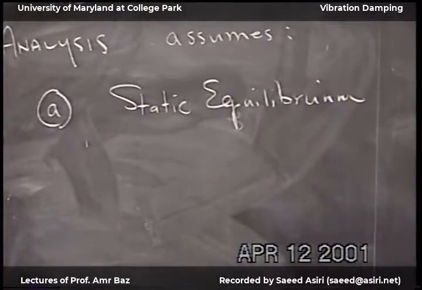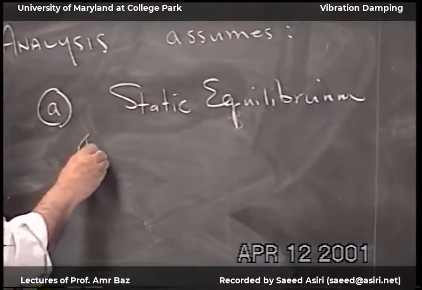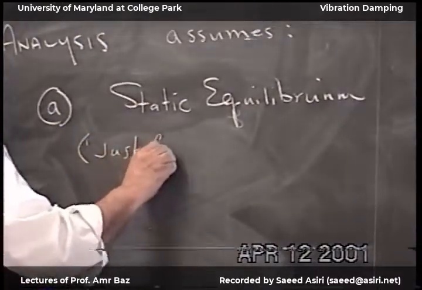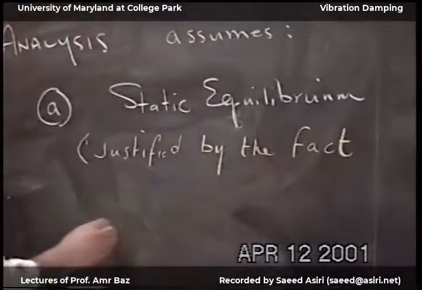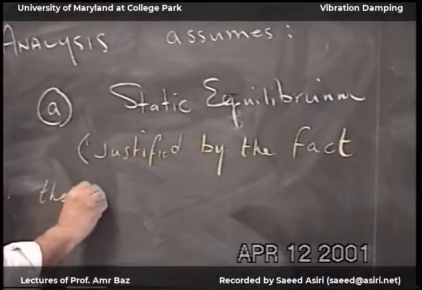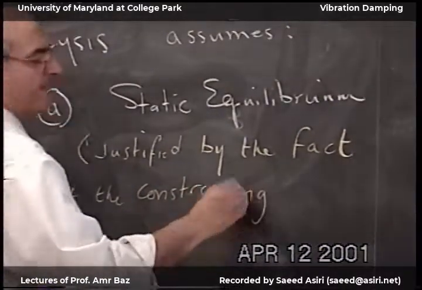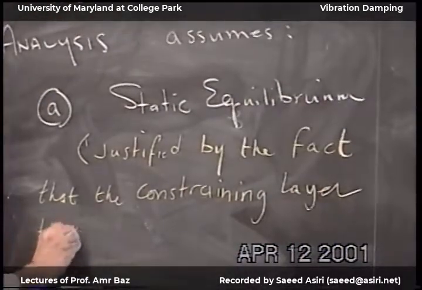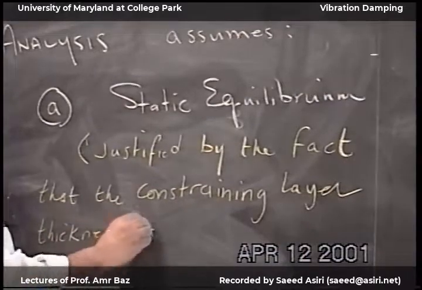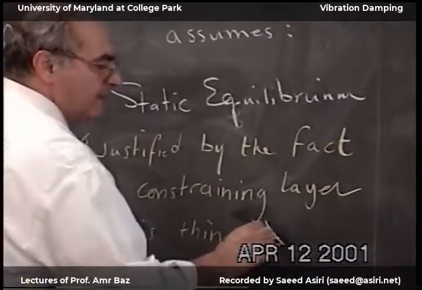And this is justified by saying the constraining layer is very thin, that the inertia I can neglect. If it is thin, then its inertia is negligible.